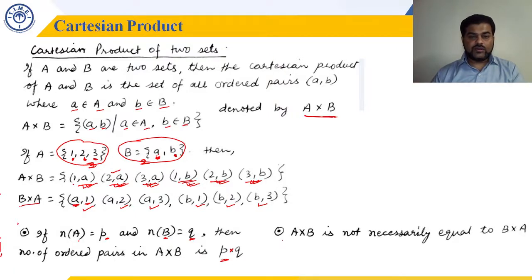Next point. A cross B is not necessarily equal to B cross A. As you will see, this is not the same as this.